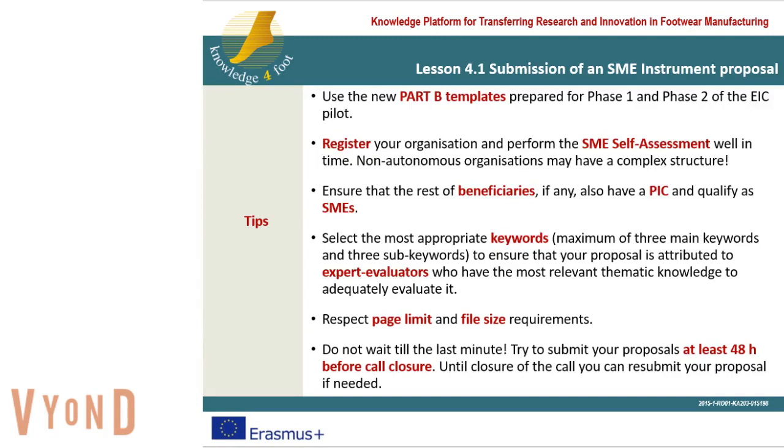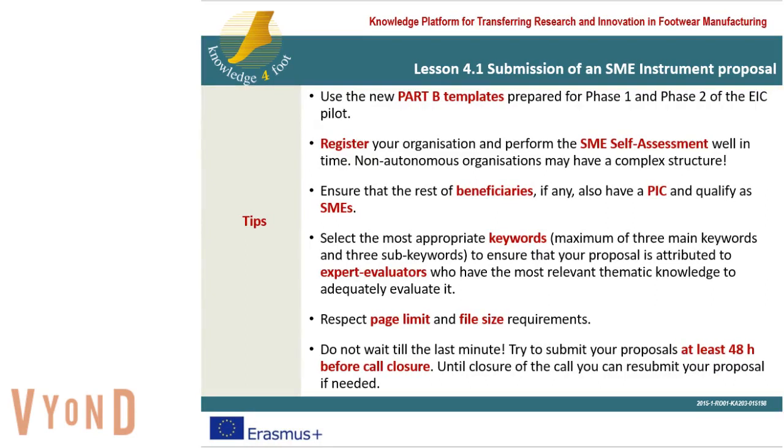Select the most appropriate keywords, maximum of 3 main keywords and 3 sub-keywords, to ensure that your proposal is attributed to expert evaluators who have the most relevant thematic knowledge to adequately evaluate it. Respect page limit and file size requirements. Do not wait till the last minute. Try to submit your proposals at least 48 hours before call closure. Until closure of the call, you can resubmit your proposal if needed.